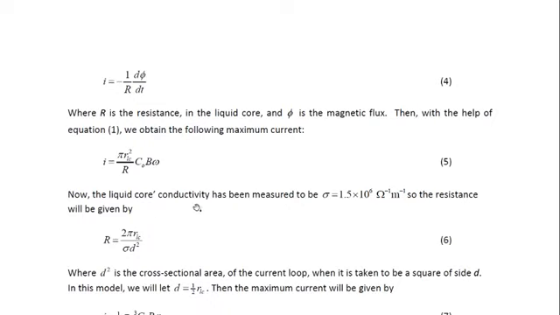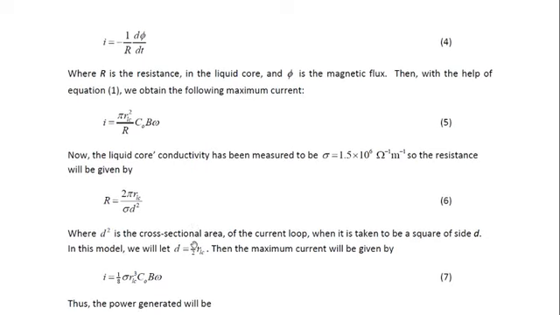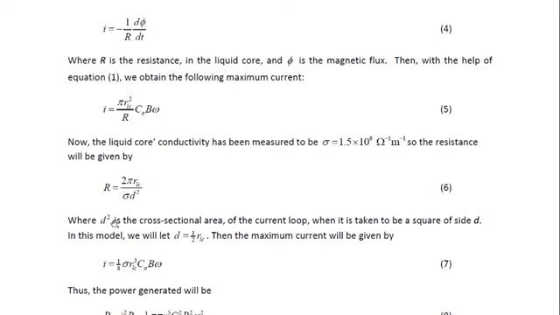Then the liquid core's conductivity has been measured to be sigma equals 1.5 times 10 to the 6 per ohm per meter. So the resistance will then be given by 2 pi RLC over sigma d squared. Then d squared is the cross-sectional area of the current loop.